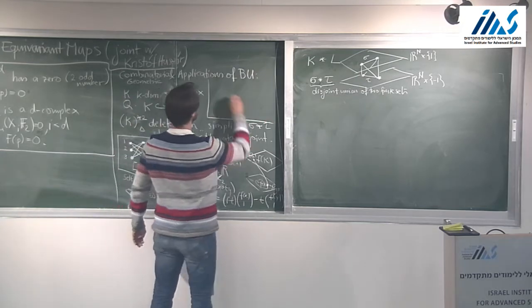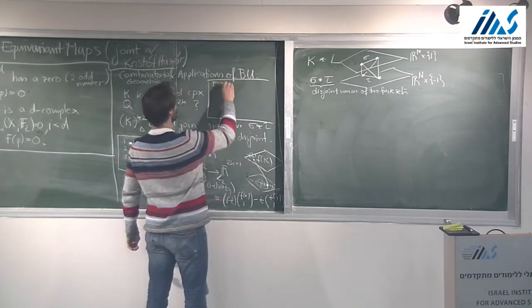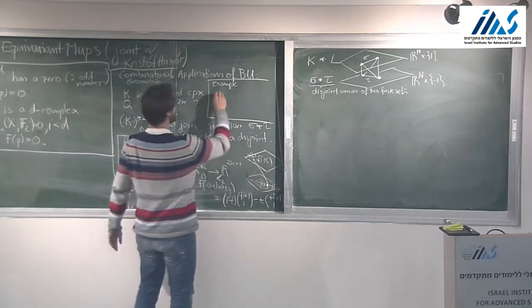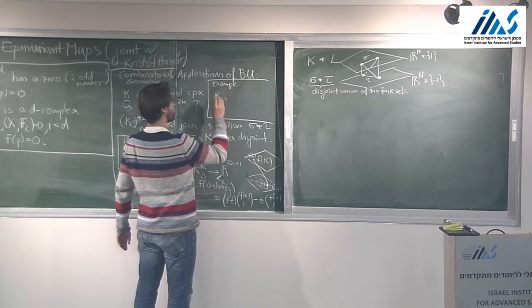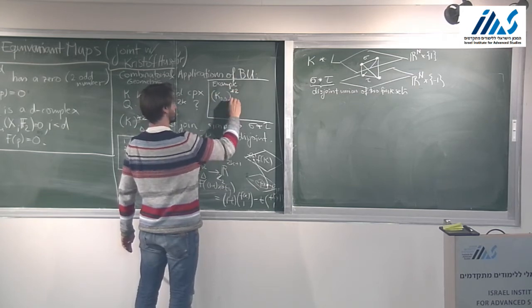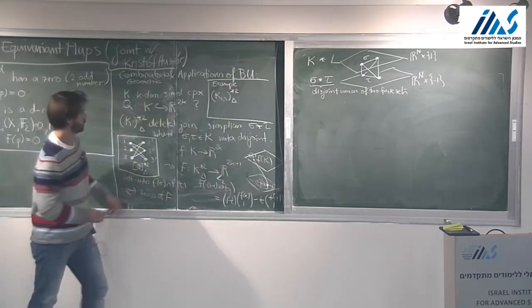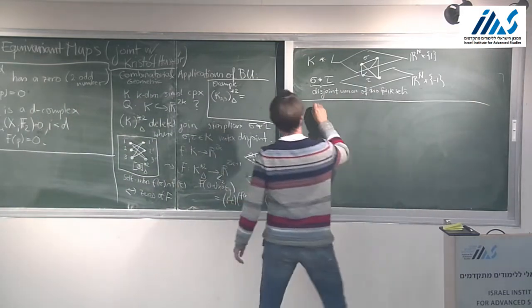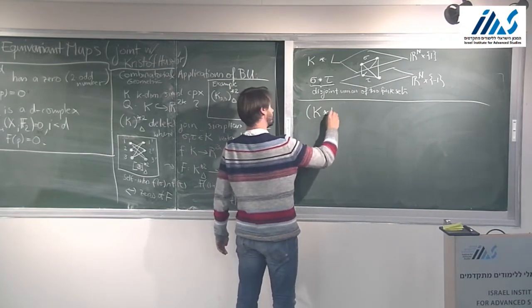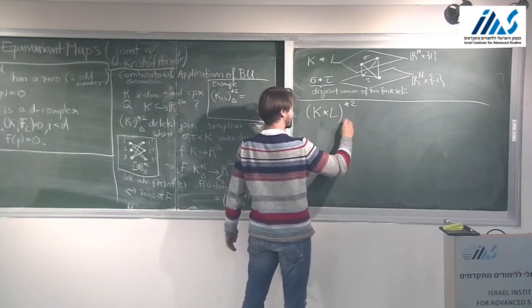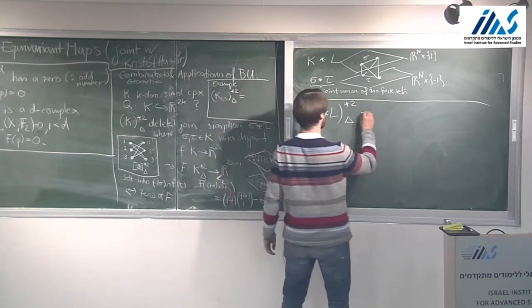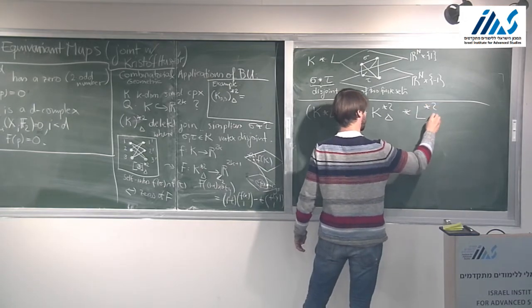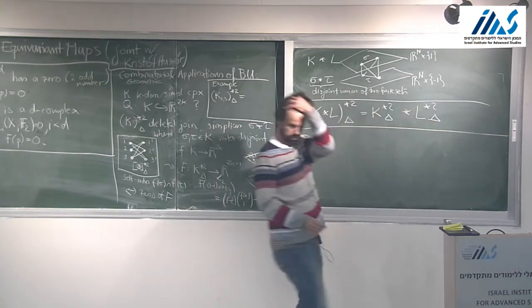And an example is a small exercise. If you start with, say, K33, and you take the deleted join, there's a little lemma which says that the join of two complexes and the deleted join operation commute.